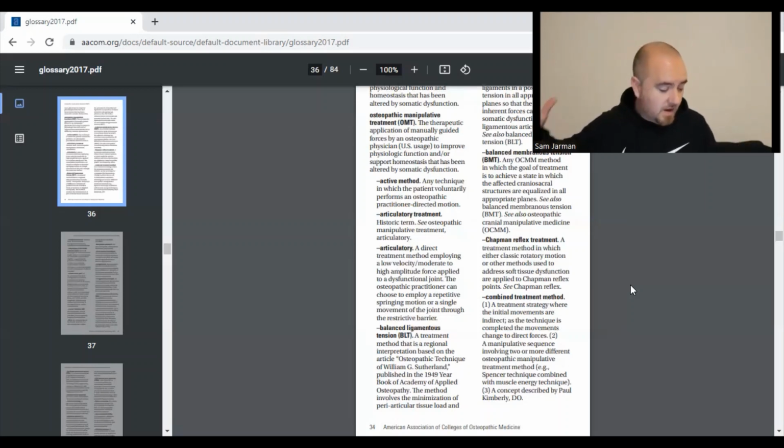So to kind of wrap all of that up and maybe make it more useful, what we can say, or really say something that we've already said quite a bit, is that direct methodologies are the same, aside from, or the real differentiator is patient active or patient passive. In the patient passive realm, you can continuously move or you can hold. In the patient active realm, you can do everything patient passive, right?